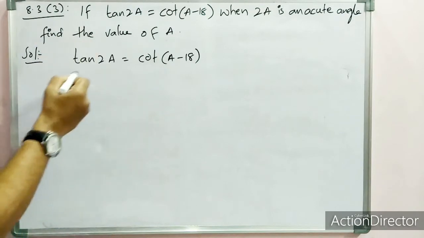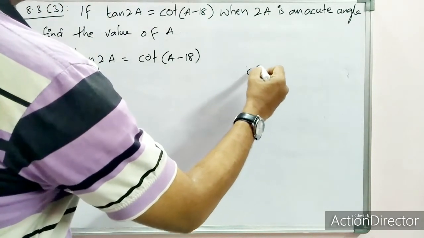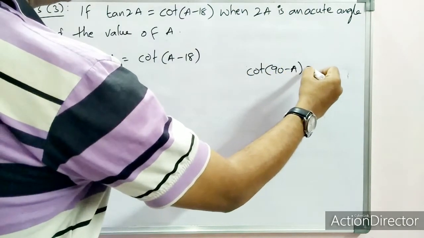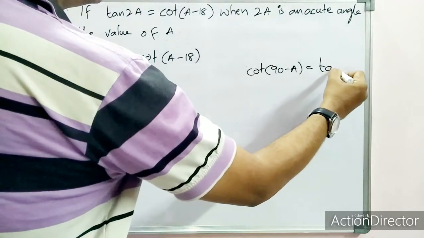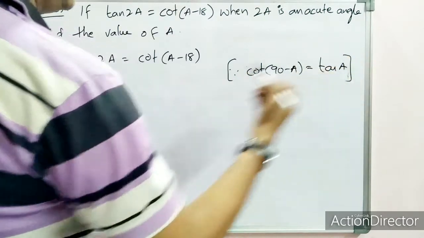We have a formula: cot (90 minus a) is tan a. This is the basic formula of complementary angle.